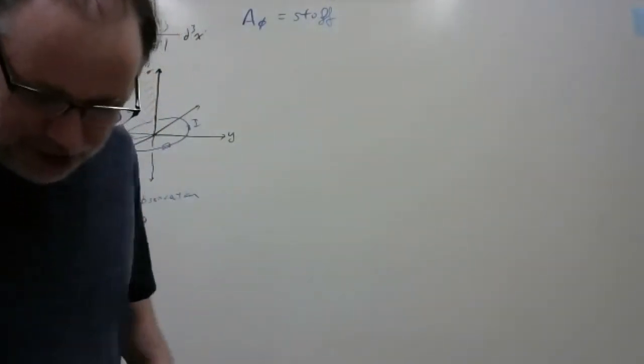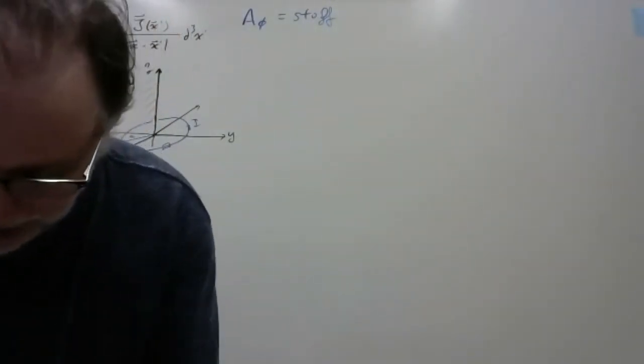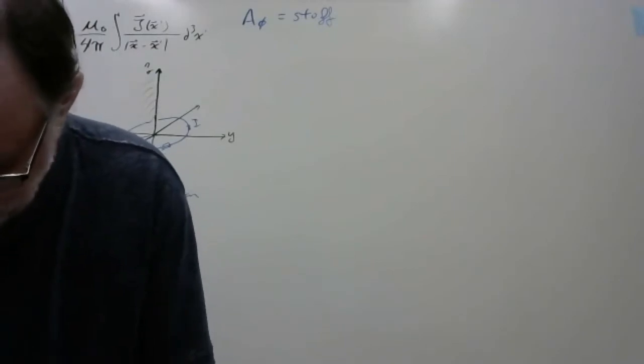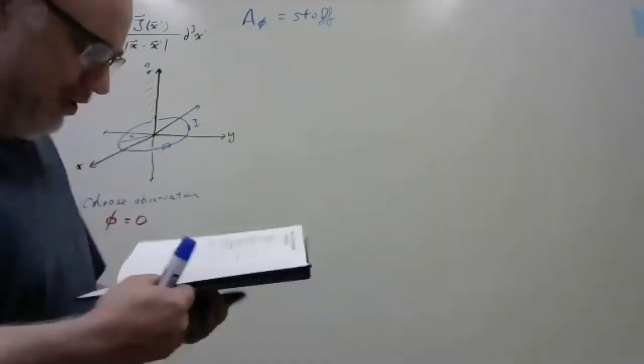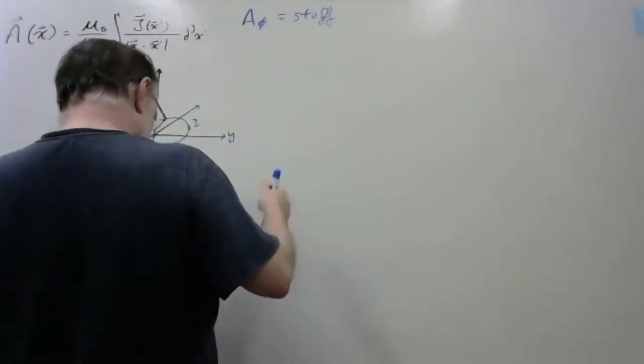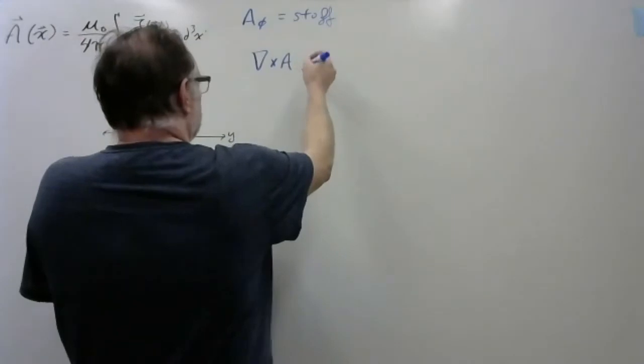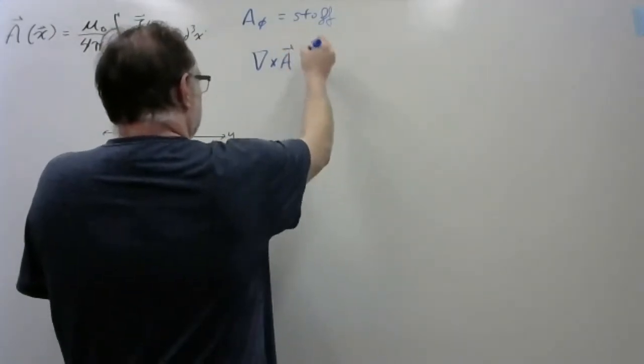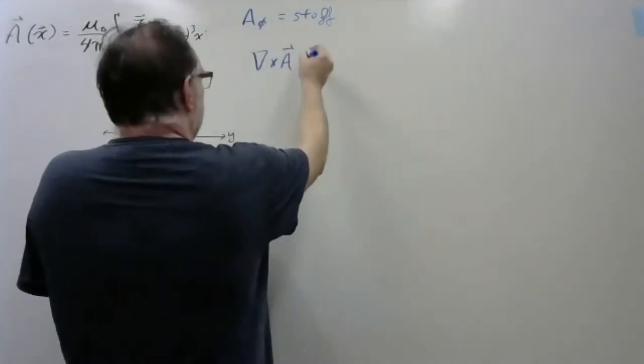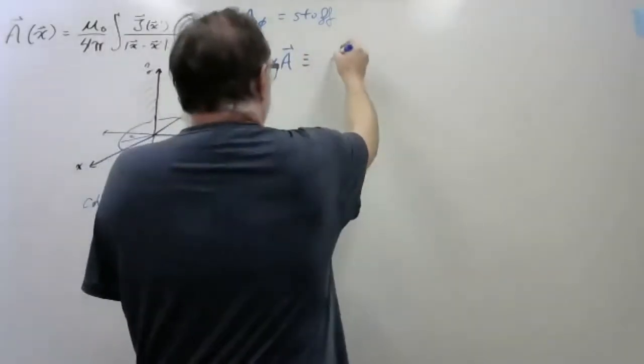So what you want to do is look up the curl in the back: the curl of vector A in spherical coordinates. When it says E1 here, that means the R vector, the R hat.